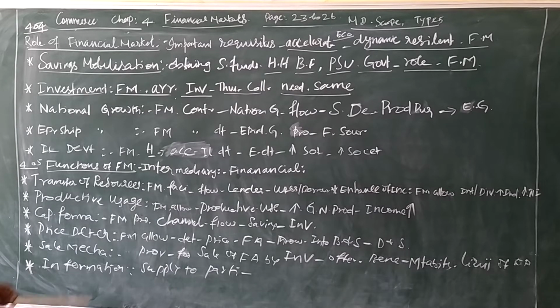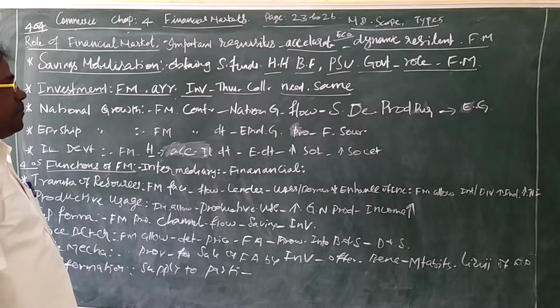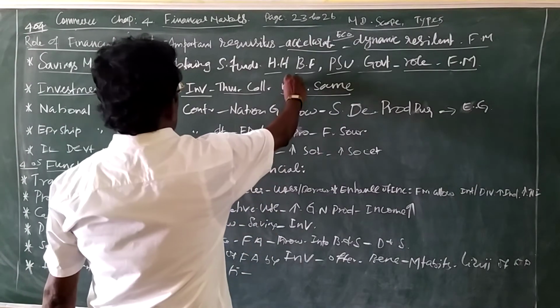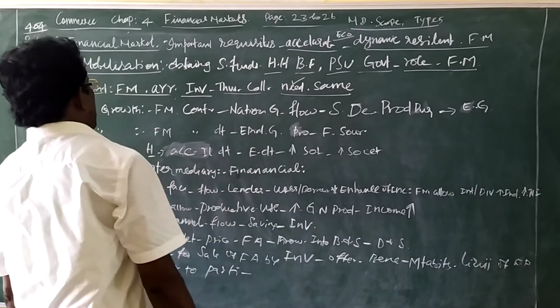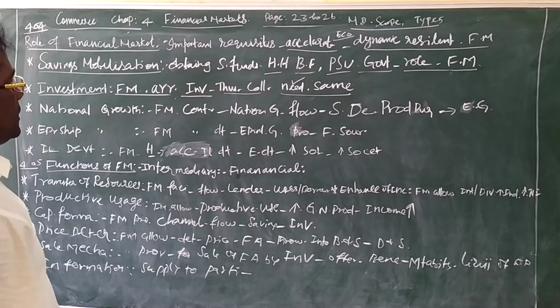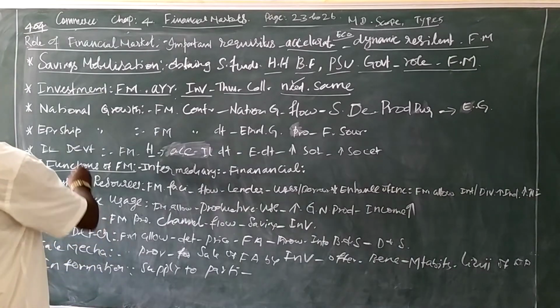So for that, the financial market makes the necessary arrangements for investing it where the source of funds is very much needed. On one side, collection of the surplus funds, and that should be utilized wherever they are needed.